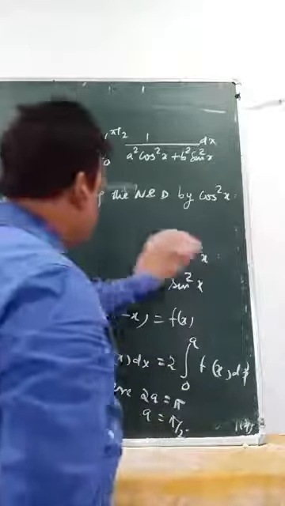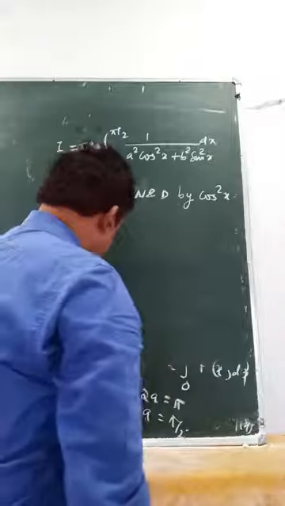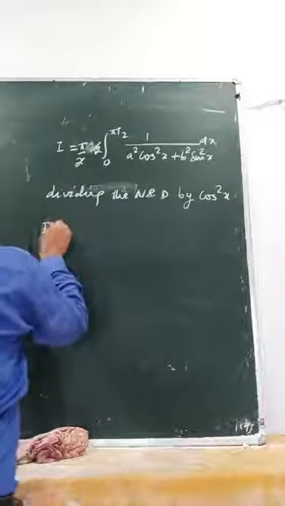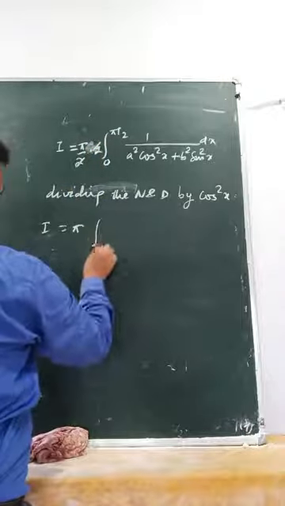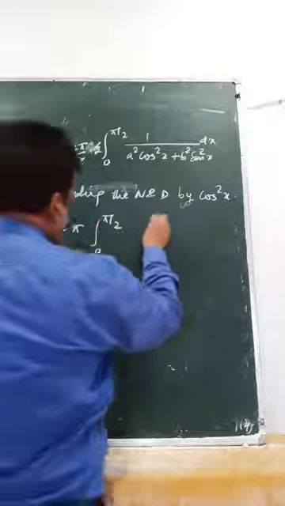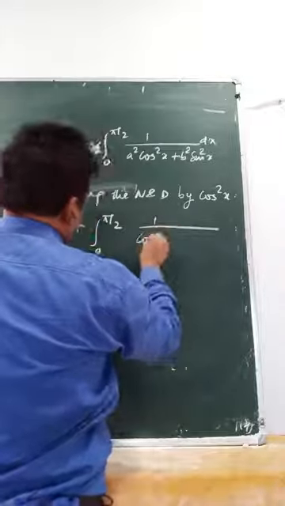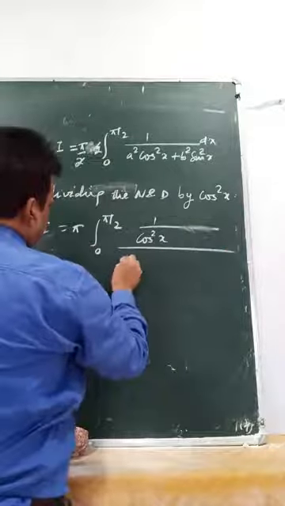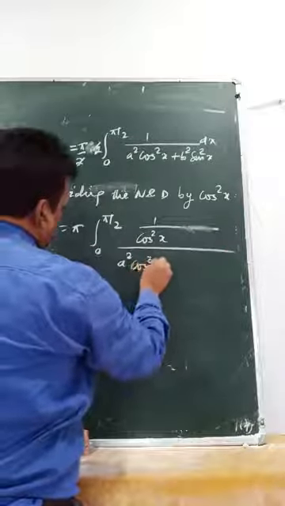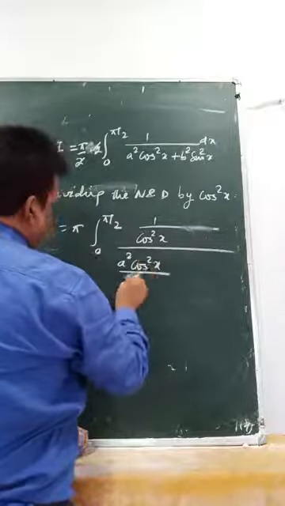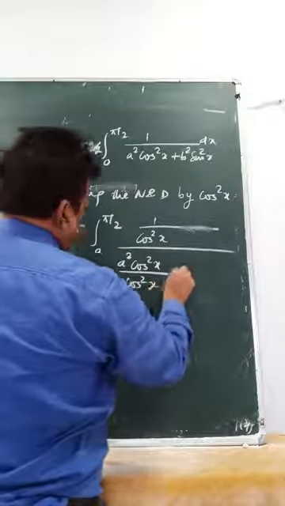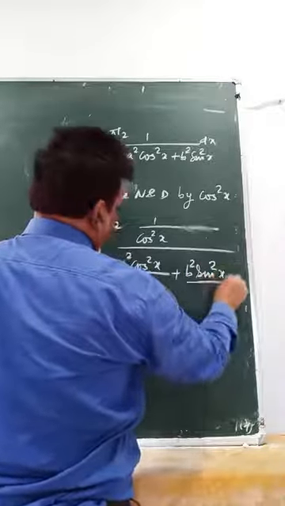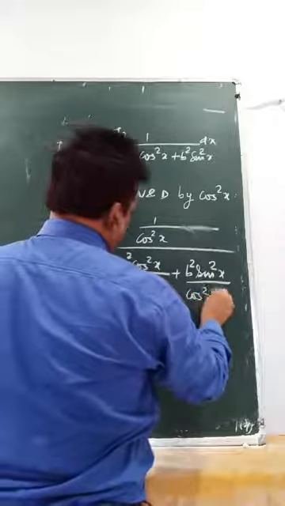So 2 is cancelled, I equals pi, 0 to pi by 2, it is 1 by cos square x divided by a square cos square x by cos square x plus b square sin square x by cos square x.